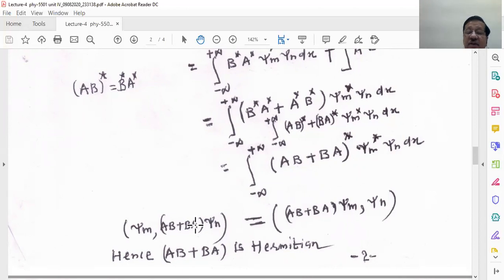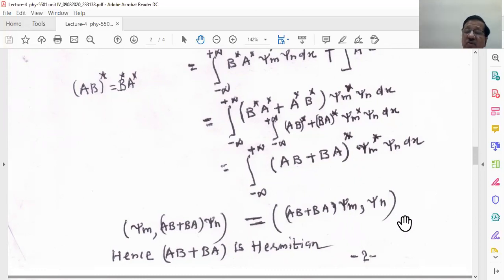Now I will give you a problem for your homework. Show that the operator AB minus BA is not Hermitian. You have to solve this problem. Here I have solved the problem for AB plus BA.